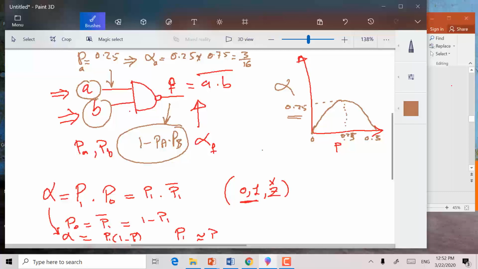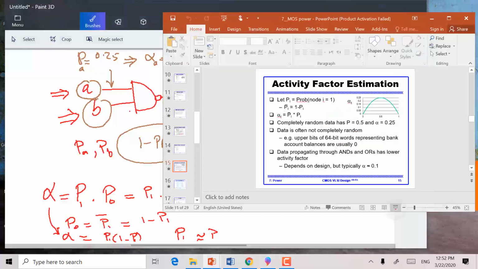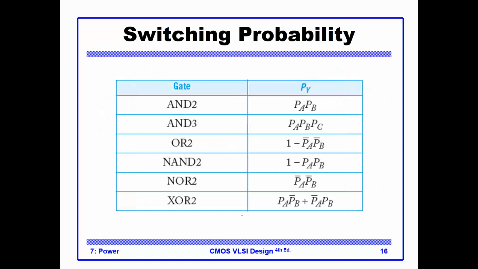So if I go back to the lecture here, we can see in this table he has given the probabilities of the output of the gate for every type of gate, for AND2, for AND3, for OR2, for NAND2, for NOR2, for XOR2.